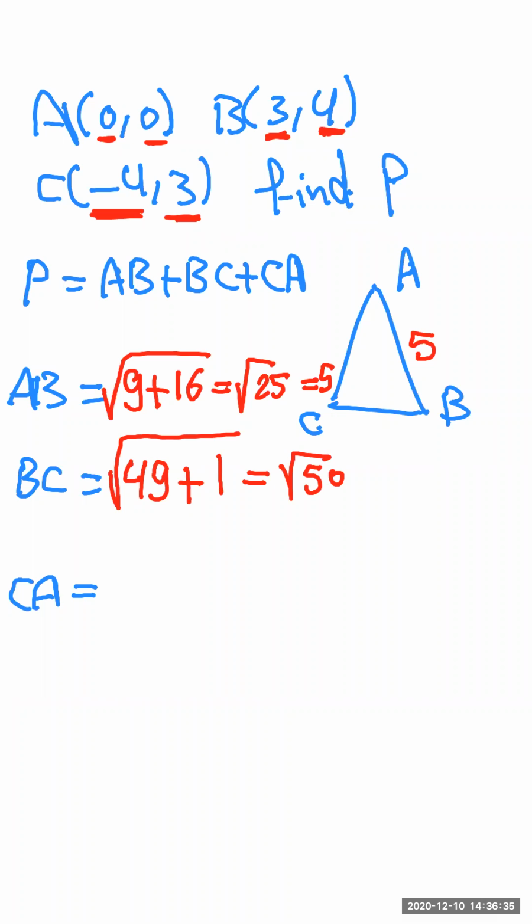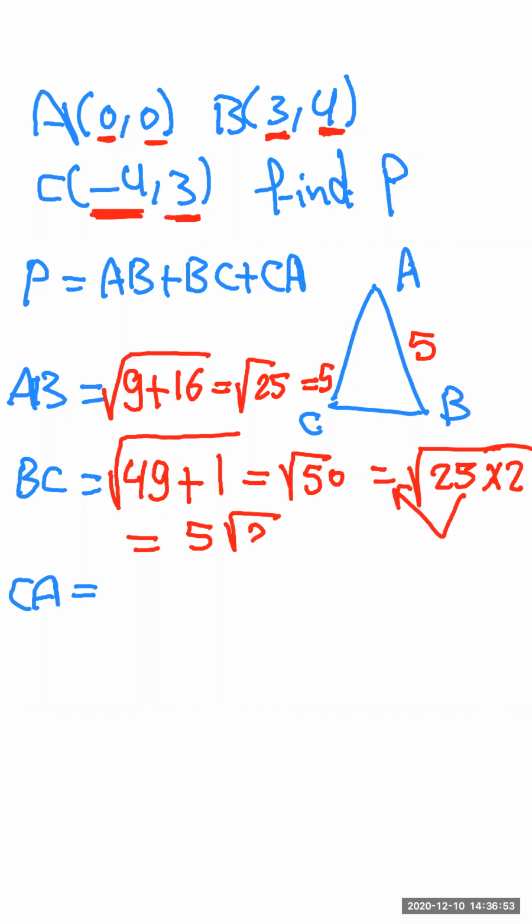Square root of 50, guys, actually equals the square root of 25 times 2. The square root of 25 means 5, then the square root of 2. So BC is 5 square root of 2. Now get CA. x2 minus x1 and plus y2 minus y1.